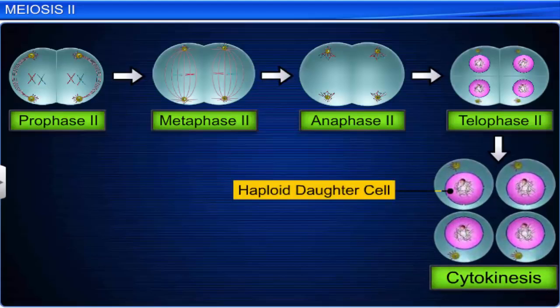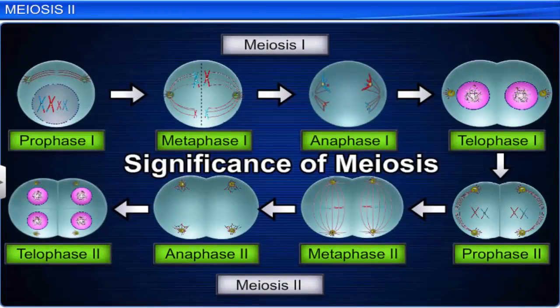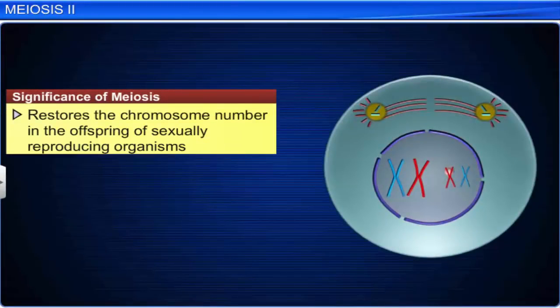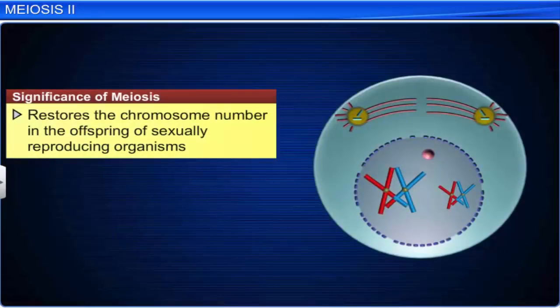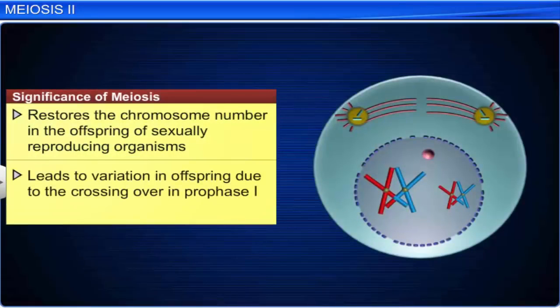Meiosis is a significant process in sexually reproducing organisms. Meiosis in germ cells, followed by the fertilization of gametes, restores the chromosome number in the offspring of sexually reproducing organisms. Another significant feature of meiosis is that it leads to variation in offspring due to the crossing over in prophase 1, during which genetic materials recombine.